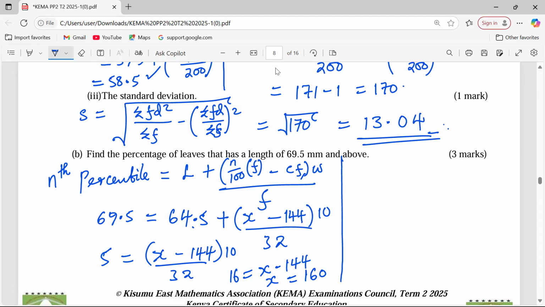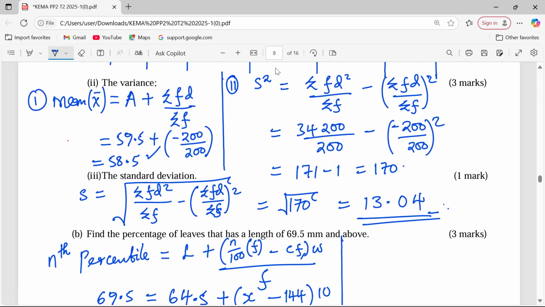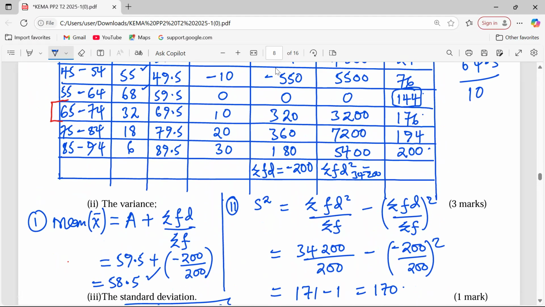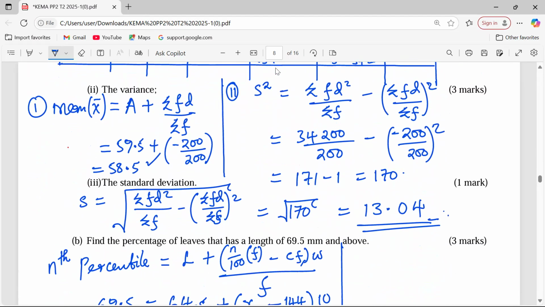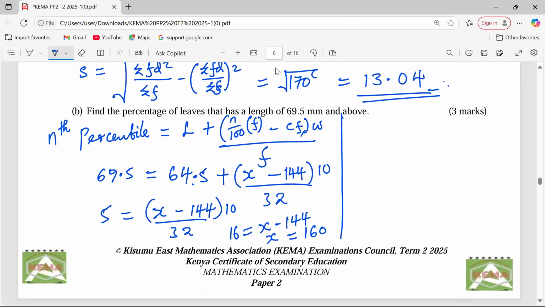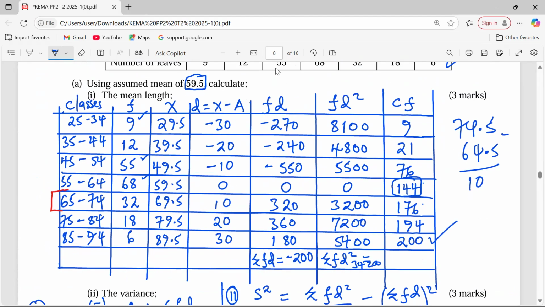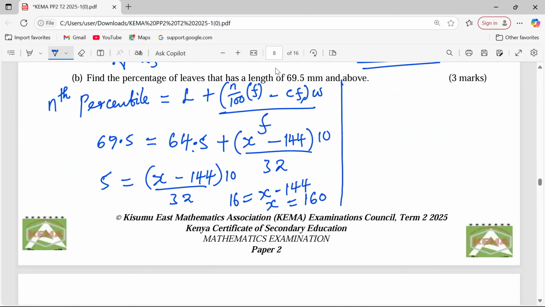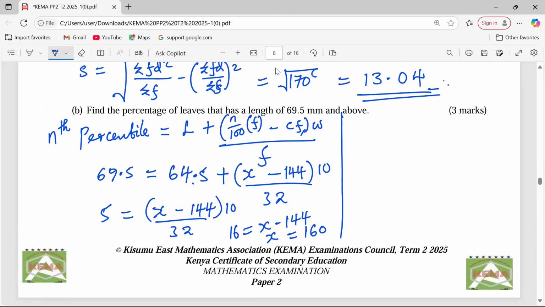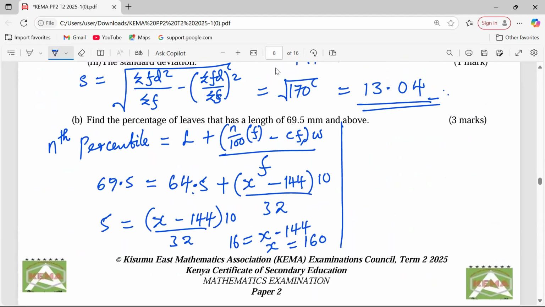Therefore, now the total leaves are 200 according to the total frequency. They are 200. Now with that value, we should know that from a length of 25 all the way to 69.5, we have 160. So that means those above are only 40.